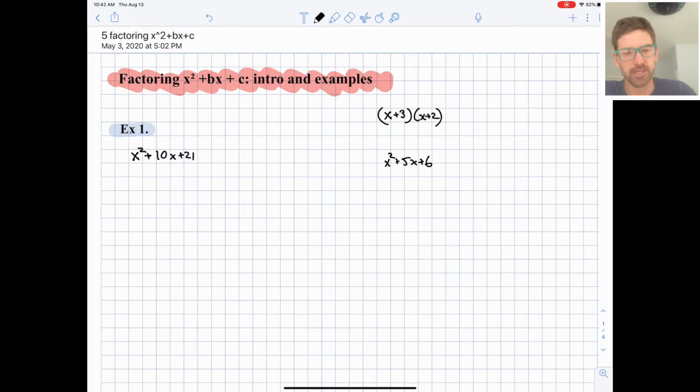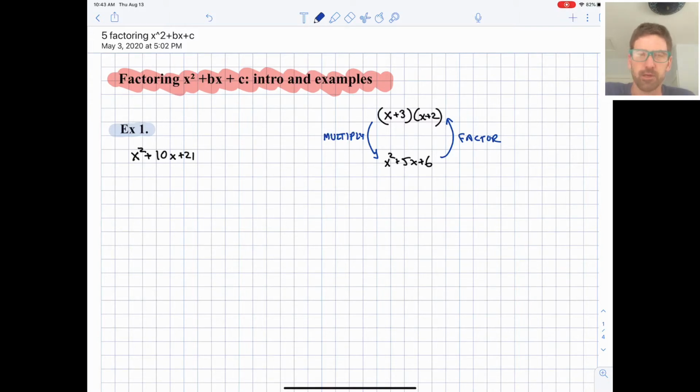So what we just did is we multiplied. What we're going to try to do today is undo that and go backwards. So this is multiplying and this is factoring. And again, I want to remind you that a lot of what we're doing in this unit seems abstract, and it is probably somewhat abstract for you.